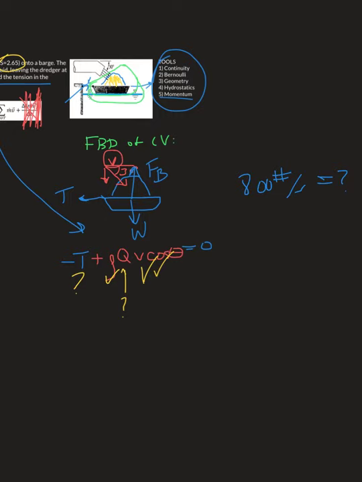This thing we're looking for is m dot. Let me draw it over here. So m dot equals rho Q equals mass per time. For this equation to work, that could be slugs per second. That is the amount of mass entering the control volume per second.